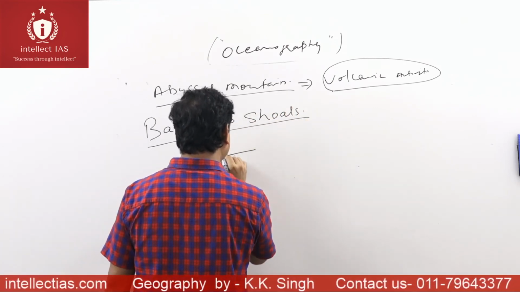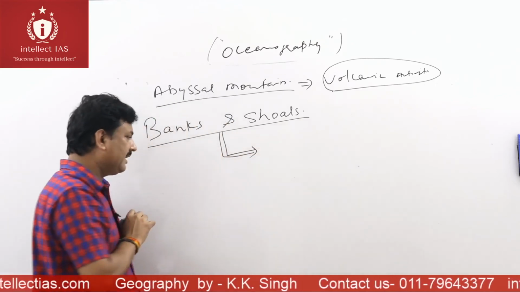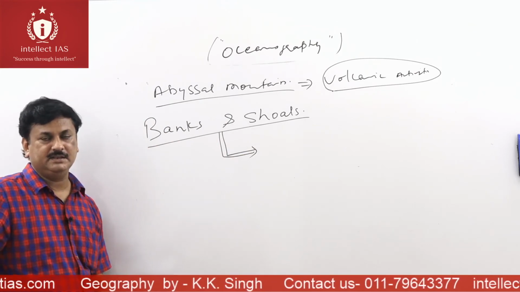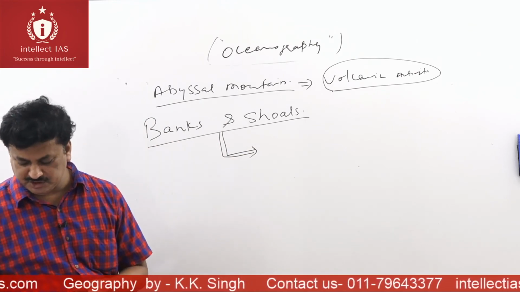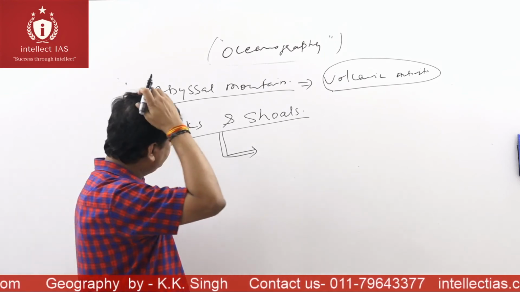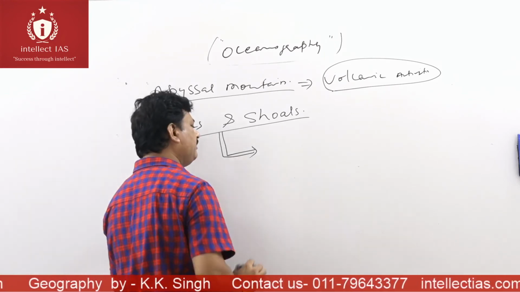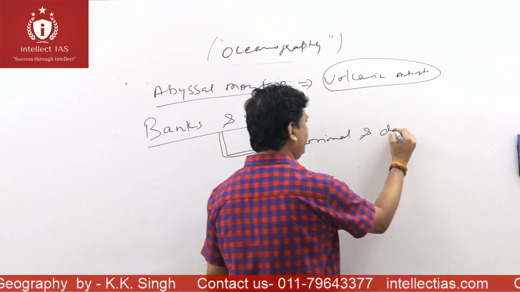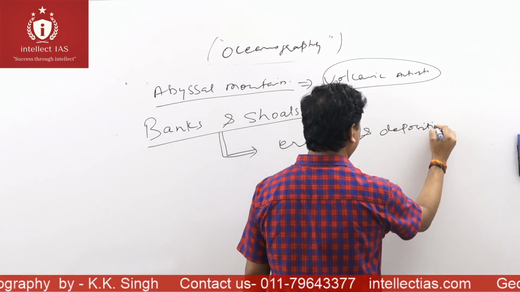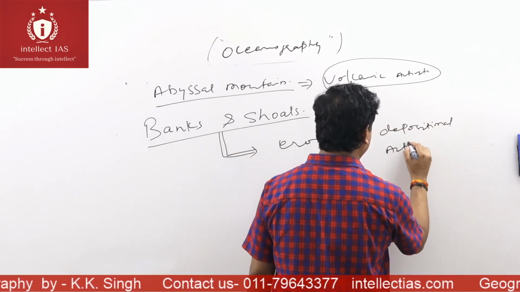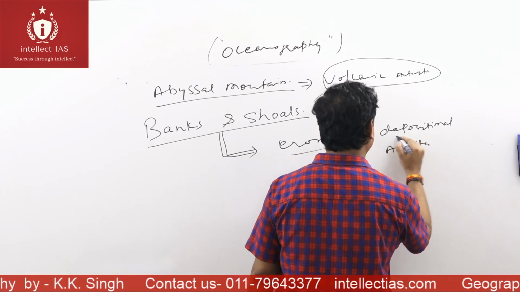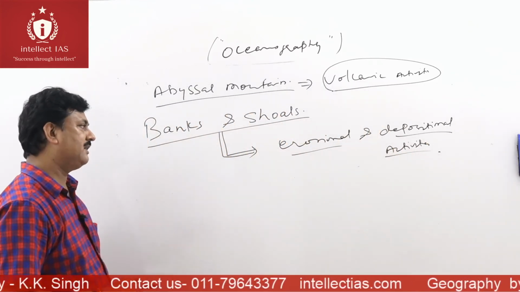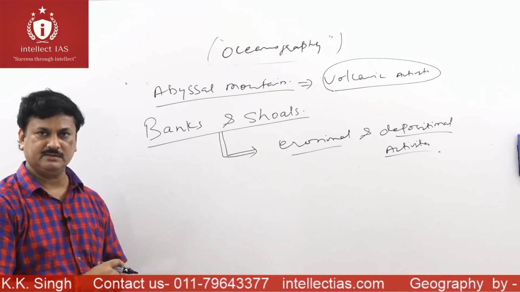These marine features or these relief features are formed as a result of erosion, deposition and biological activities. Okay? These two are formed by erosional and depositional activities. Banks and shoals are formed by erosional and depositional activities.